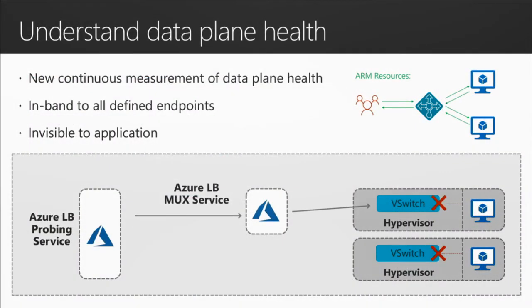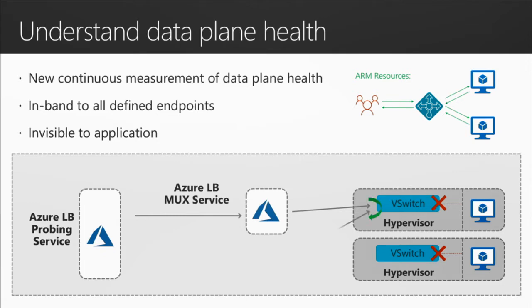So let's take a little bit deeper look at how data plane health actually works. It's a continuous measurement that's provided as part of the platform. The moment you program your endpoint, we start sending measurements to it. This is in-band. It's a load balance decision just like every other traffic. However, the virtual switch on the compute host blocks the packet from getting to the virtual machine.